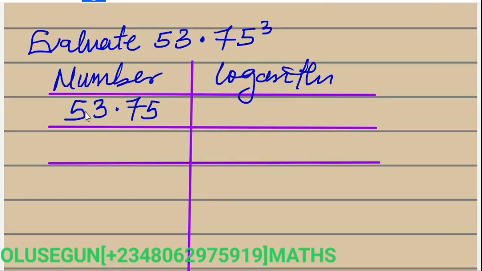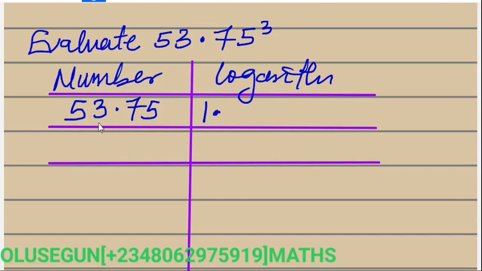In finding the logarithm, the point must come after the first digit. When you move it to the back, it is plus; the one we are doing is moving backward, so it will give you a positive 1.